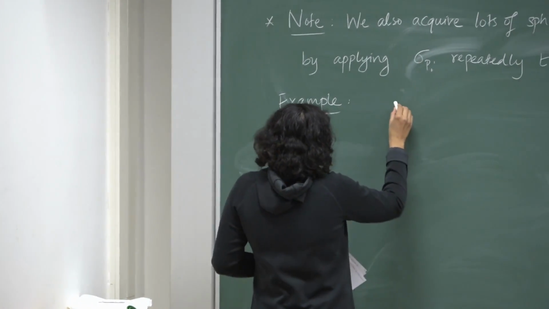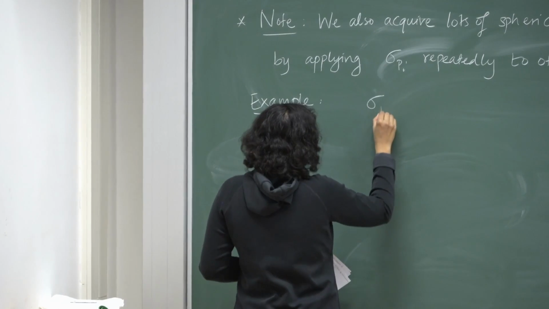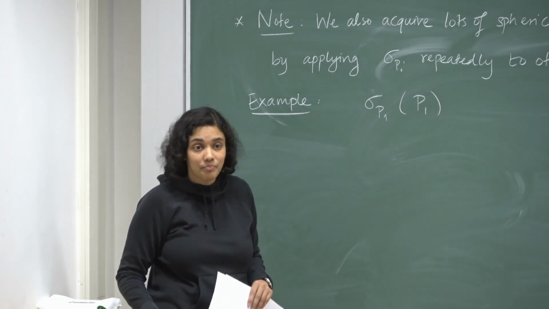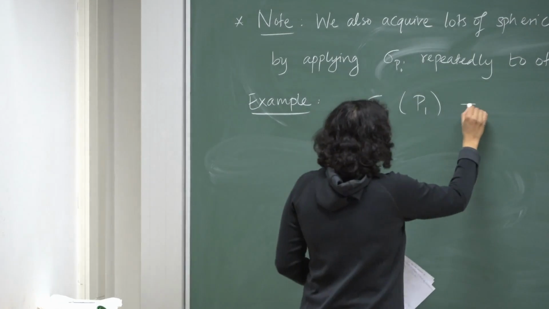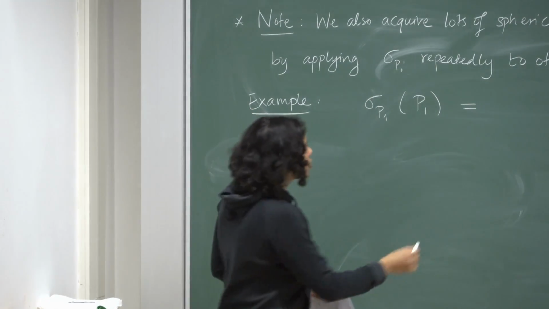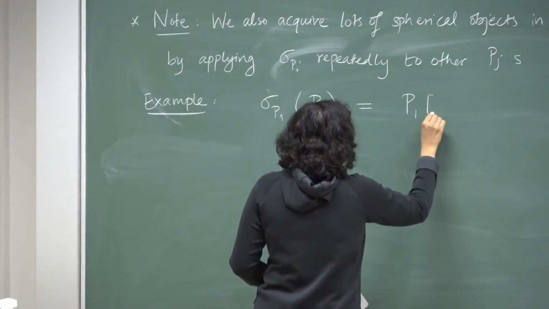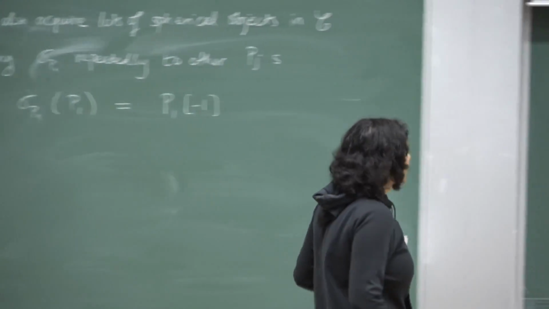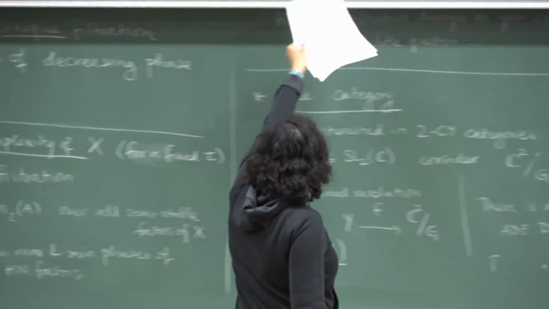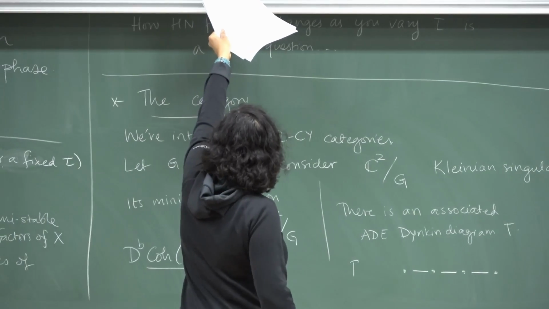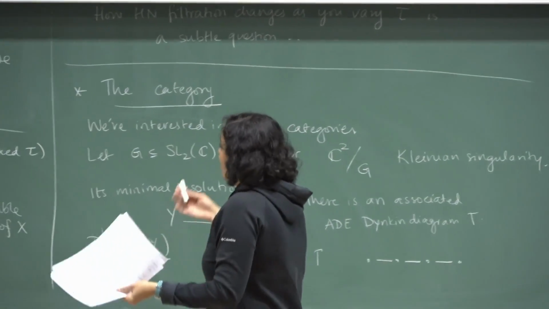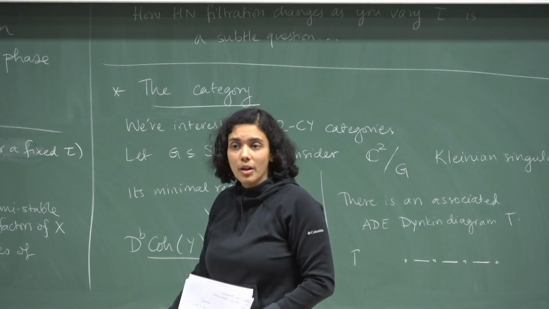So for example, if I apply sigma P1 to P1, I don't preserve P1, but I shift it. The twist in P1 applied to P1 itself shifts it from this piece here to one piece to the left or right, depending on your convention, but let's say one piece to the left.